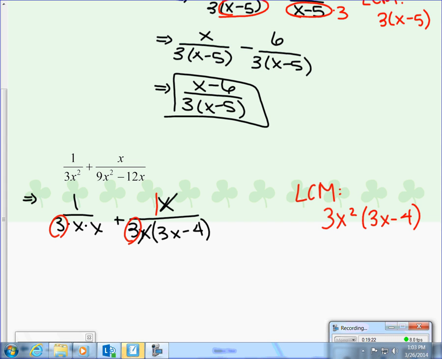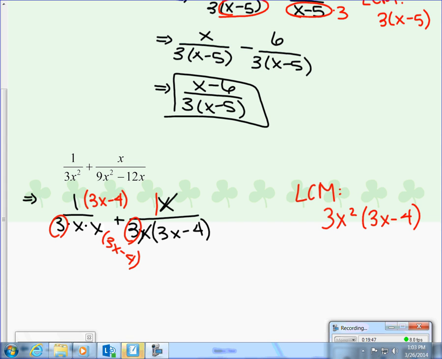So if you look at the first fraction, you have 3x squared. What is that missing? 3x minus 4. That needs to be multiplied on the top and the bottom. Now the second fraction, it's easier to look at it in factored form. You have 3 times 3x minus 4. What is that missing?